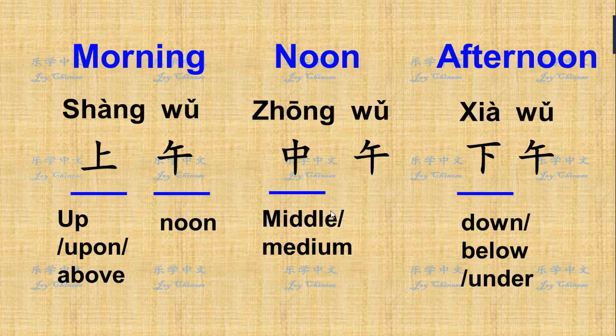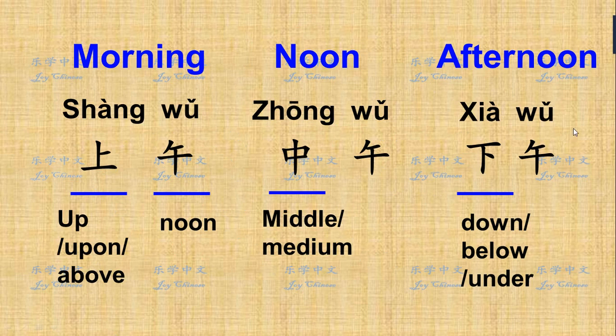Okay. Here I explain 3 new words. The first one we learned in the last slide is morning. We say 上午. Second is noon, 中午. Third, afternoon, 下午. You will see all of these three have 午.